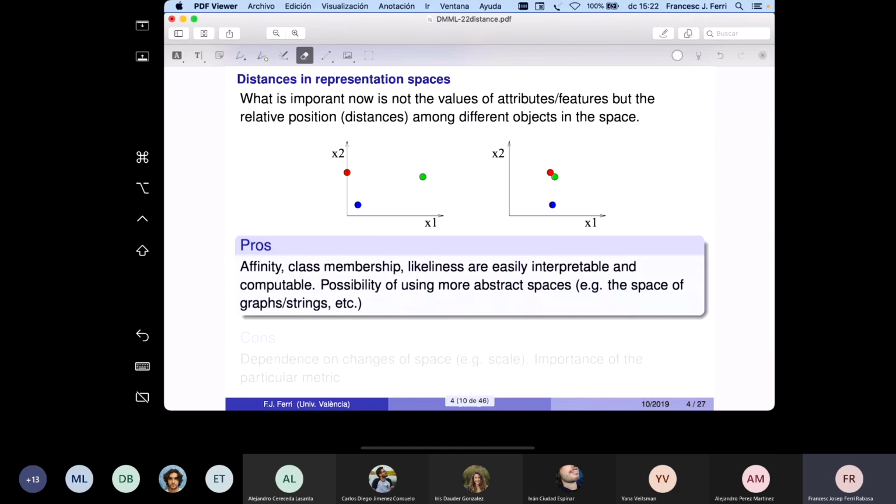For example, if we have a representation space, let's say as the one here, and we have 3 different points, we can clearly see that these two are closer between them than if we compare this distance to the distance to the third point.